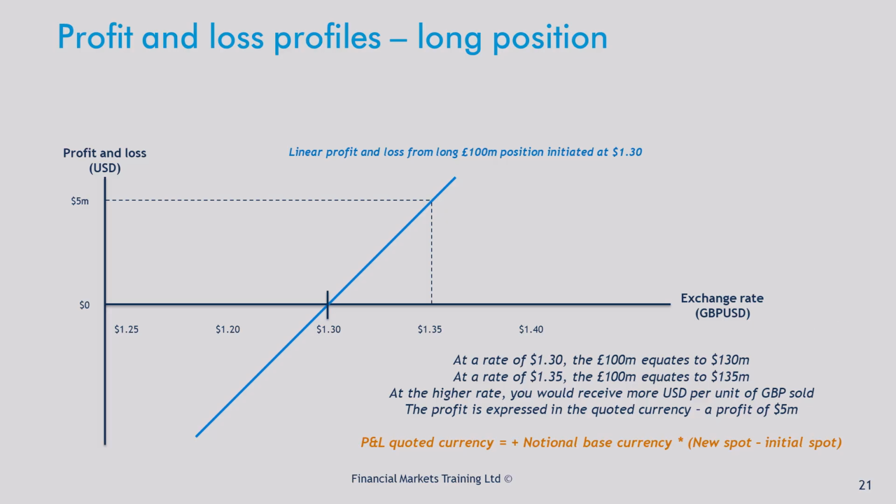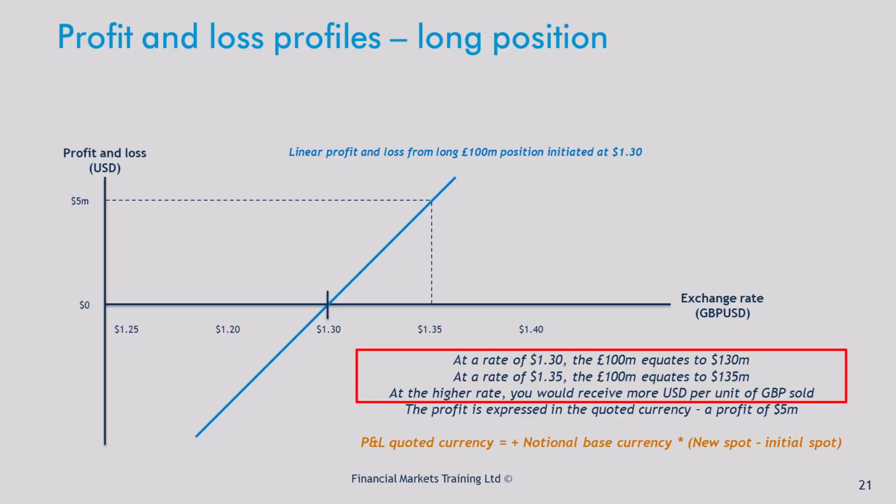The diagram is showing a what-if scenario. What will be the profit or loss on a position if exchange rates move to a certain level? This is shown by the 45-degree line running from bottom left to top right and relates to the example of the UK importer we had introduced previously.